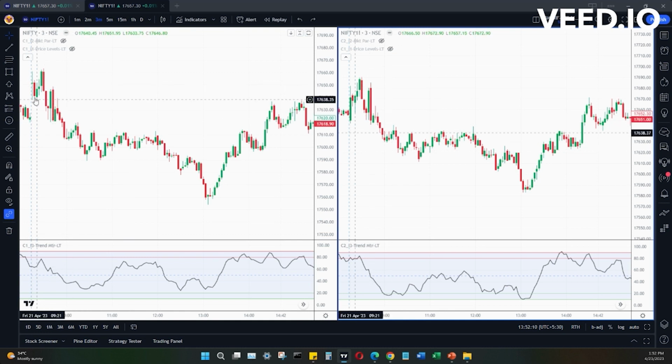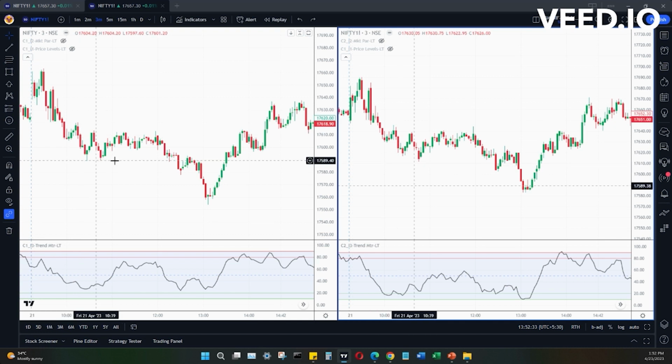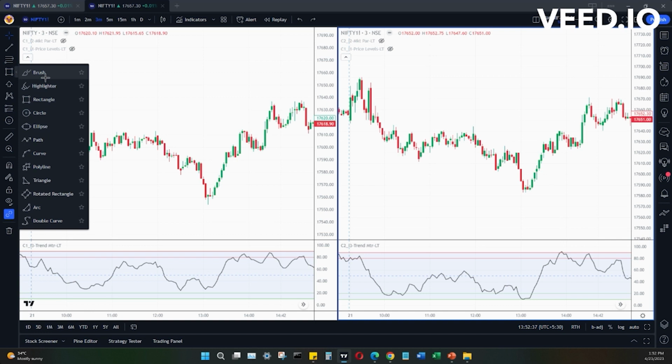The price almost opened flat, at least on the futures, but on the spot there's a slight open higher from the previous day's close. Then price saw a stiff resistance, and there was a major drop from that high point, and it consolidated at the bottom, as you can see.